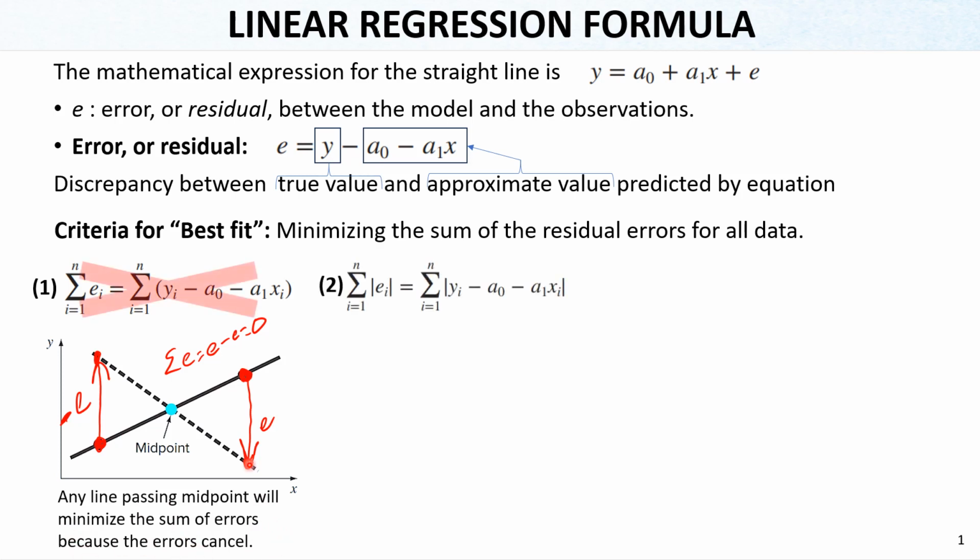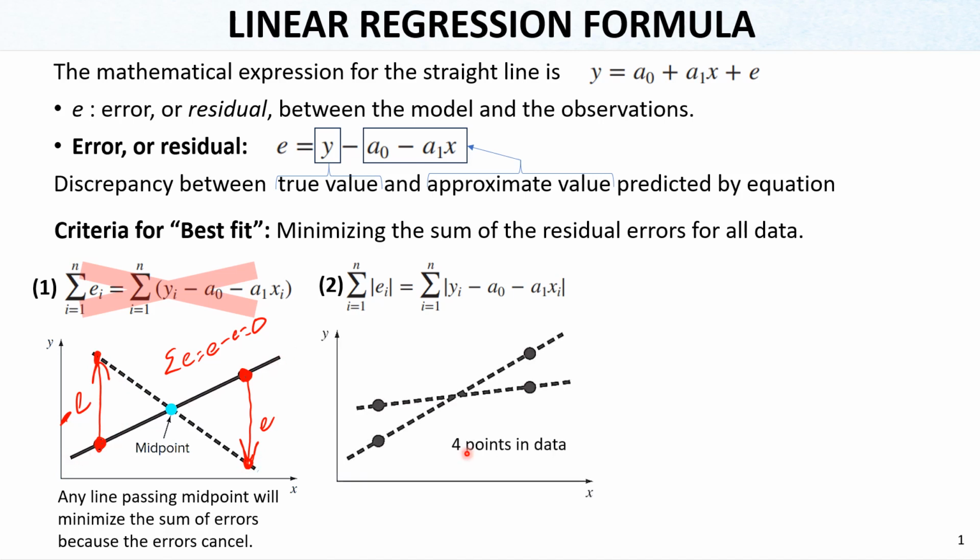So the second option is, okay, we can eliminate this minus error and plus error by simply using an absolute value for the minimization. In this case, this will be positive, then e plus e becomes 2e, which means the error was not minimized for this. So it will try to reduce this to here and increase this to here so that it can have this curve. But in this scenario, if we have 4 points, then again we have a problem.